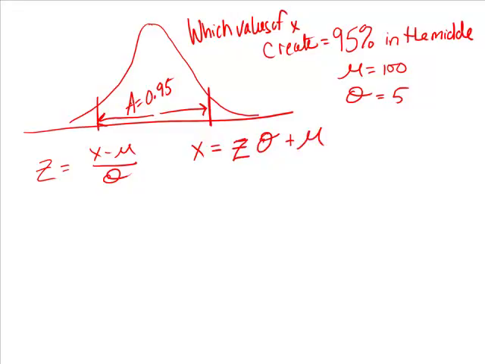Because once I solve this thing, multiplying by sigma over 1, I get z sigma equals x minus m, and then I add m to get the m's to cancel out and carry the plus m over here. Yeah, math. Okay?